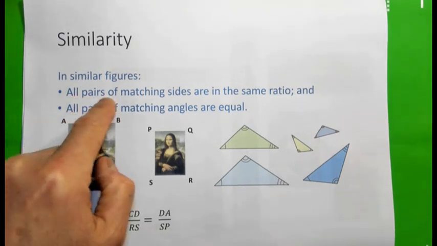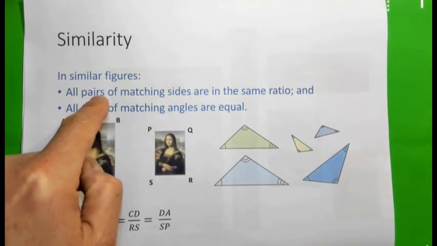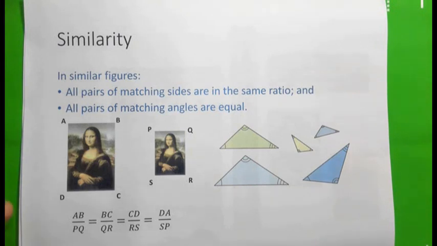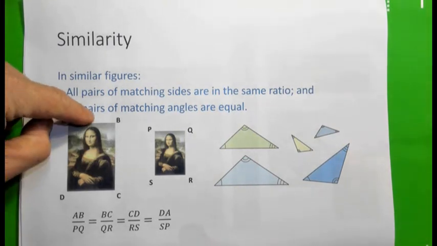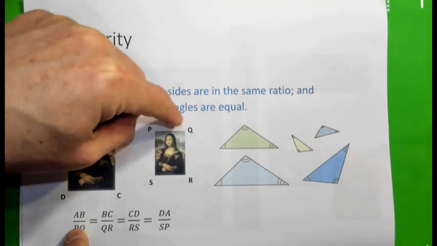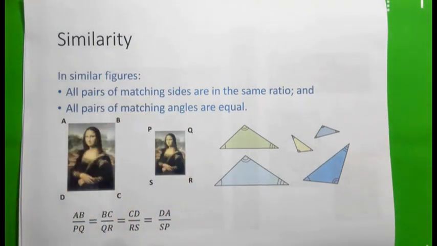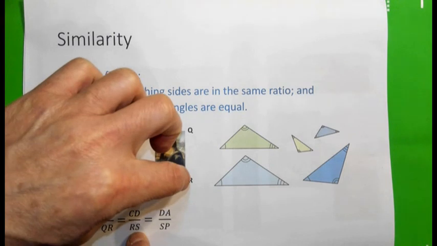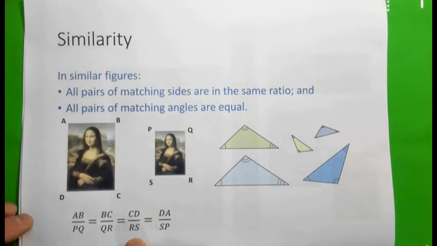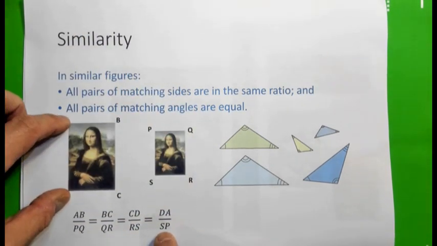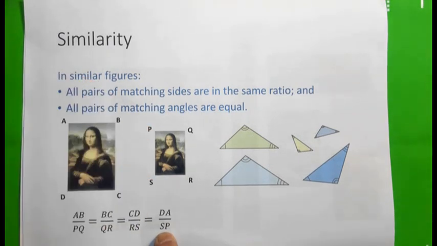So, the condition states that all pairs of matching sides are in the same ratio. Therefore, the ratio of AB over PQ should be the same as BC over QR, should be the same as CD over SR, should be the same as DA over SP.